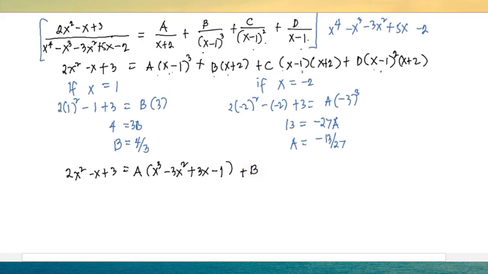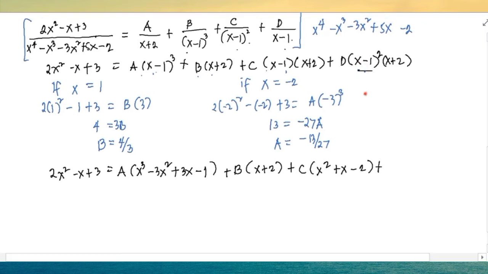Plus B times x plus 2, plus C times x, that's x squared, negative 1 plus 2, that's positive 1, so that's plus x, negative 1 times positive 2, and we have here negative 2. For D, we expand first our x minus 1 squared. So we have x squared minus 2x plus 1 times x plus 2.